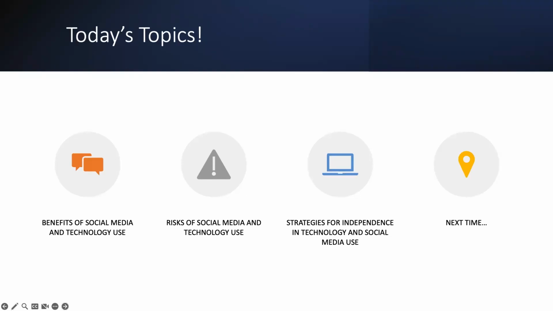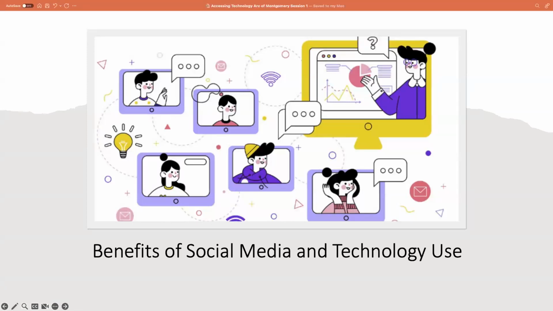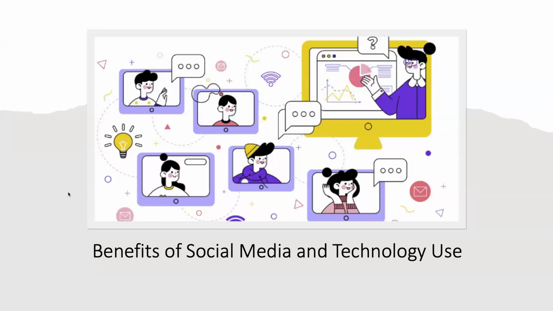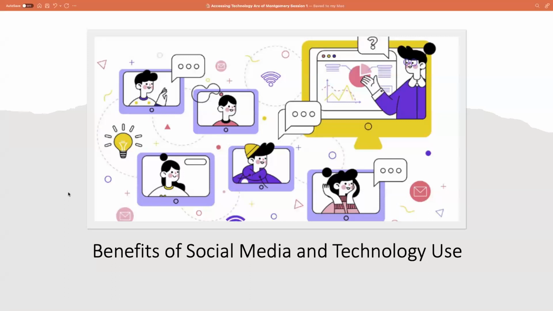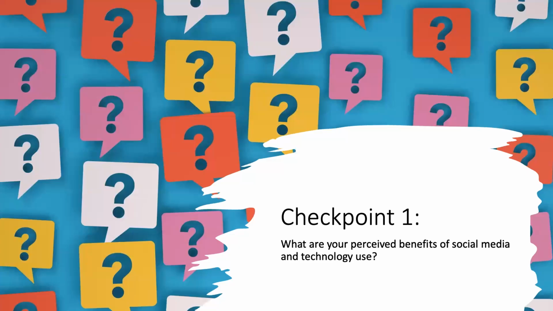Okay, so the first thing, I like to do these things called checkpoints. And these checkpoints are just questions to think about before we dive into the topics. So we will begin with benefits of social media and technology use. My first checkpoint that I want us to think about is your perceived benefits of using social media and technology.